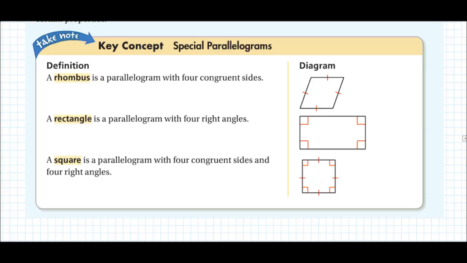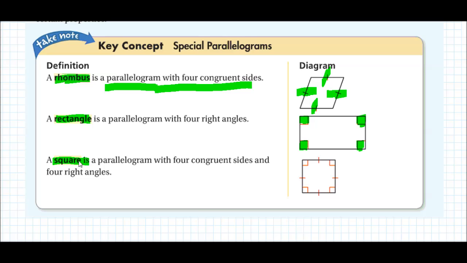Key concepts. A rhombus is a parallelogram with four congruent sides. The opposite sides, obviously, of a parallelogram are congruent, but all four sides are congruent. A rectangle is a parallelogram with four right angles.